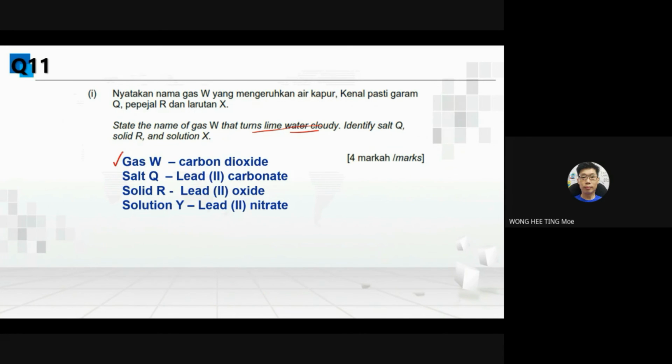This one must be named. These three you can use the formula. Okay, because here define no problem. Okay. So 4 marks. This time, any question? Any question you are not sure? Felix, Shannon, okay or not?